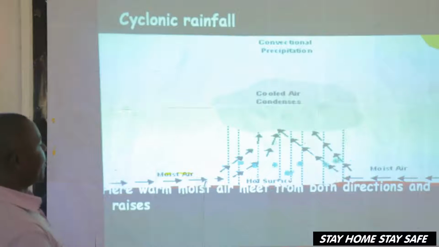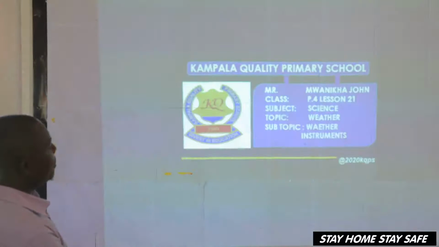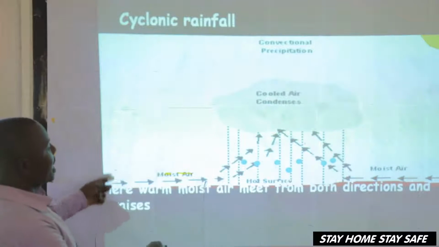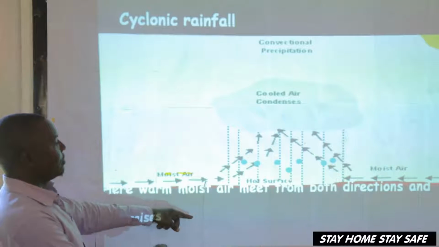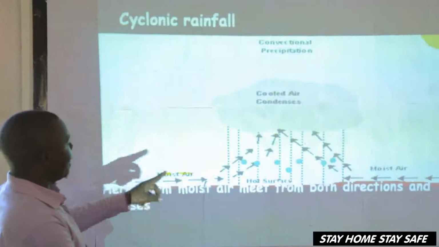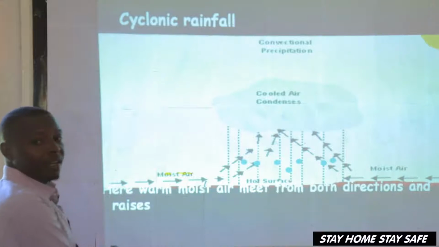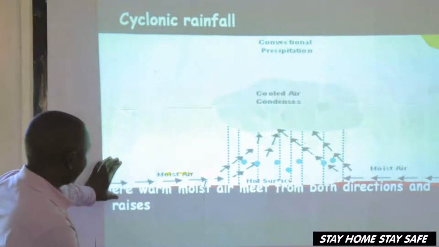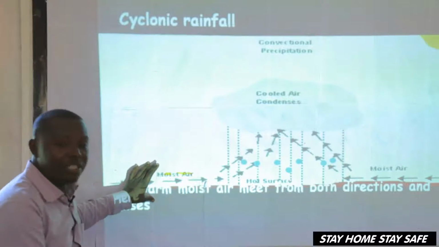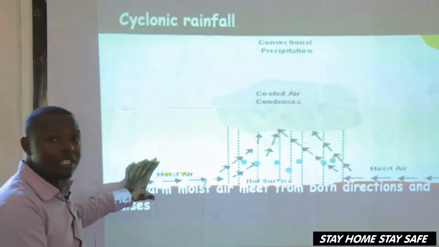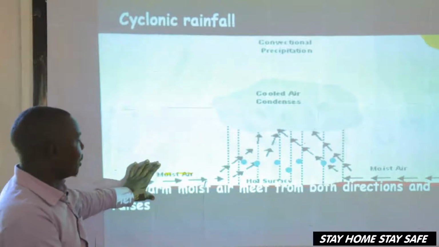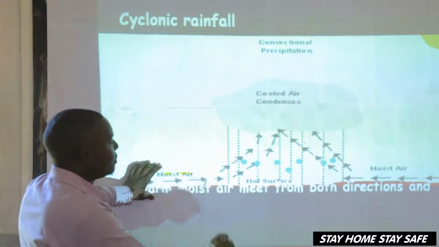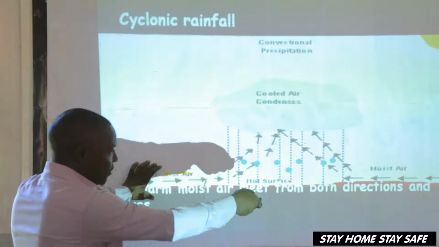Now, when you look at this diagram, you will find that the air coming from this side is moist and warm. Another moist, warm air comes from the other side.